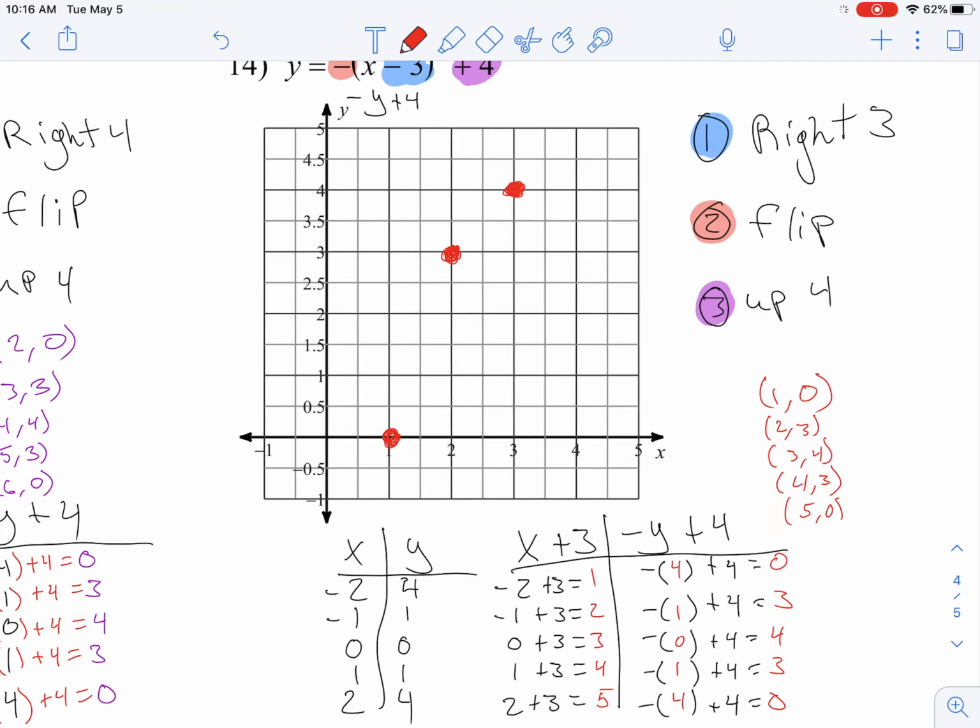I'm going 4, 3, so I'm going all the way over to 4, up to 3, a point there. And I'm going 5, 0. So all the way over to 5 and then 0 up or down. And here we have a nice parabola.